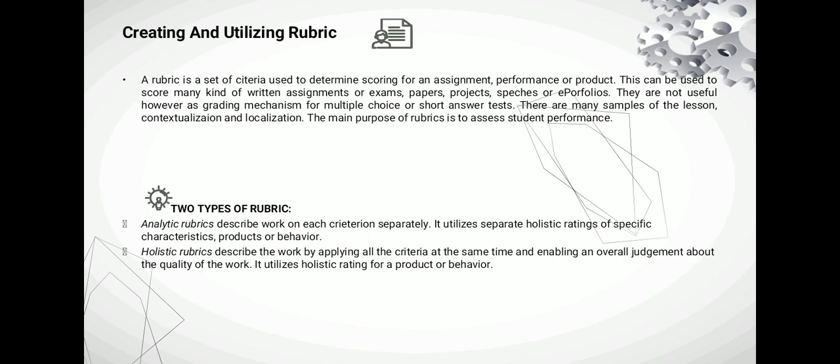A rubric is needed for you to determine the scoring of the assignments that you gave to your students: exams, papers, projects, speeches, or e-portfolios. But this rubric cannot be used as a grading mechanism in multiple choice and short answer tests.